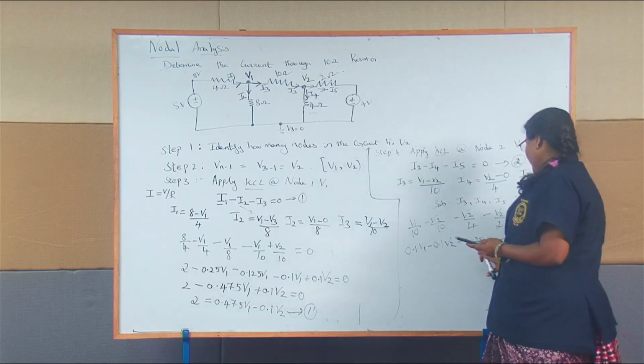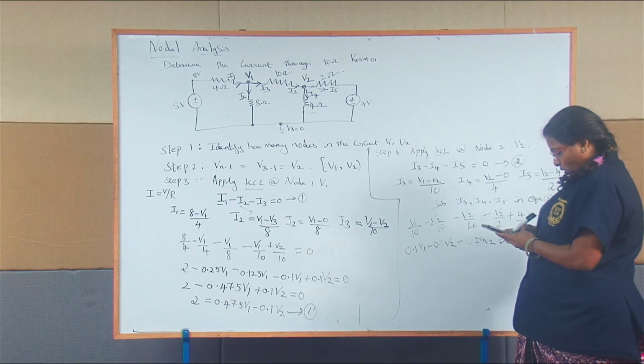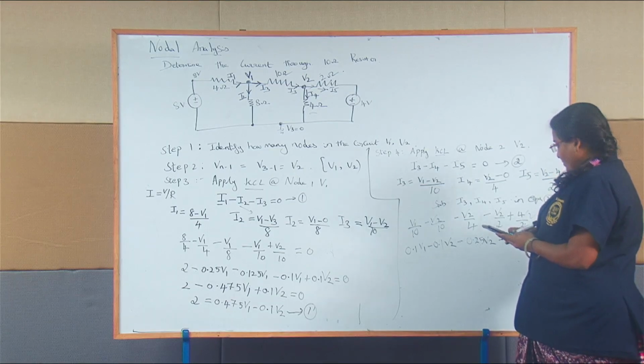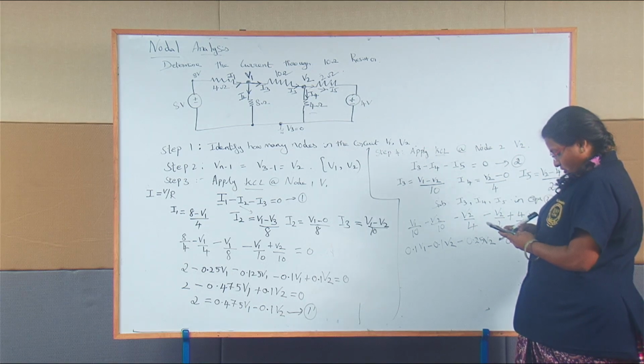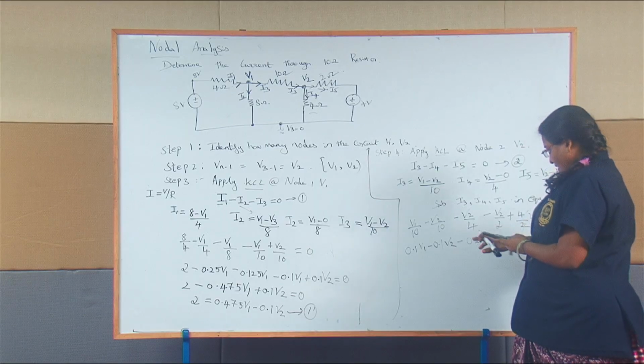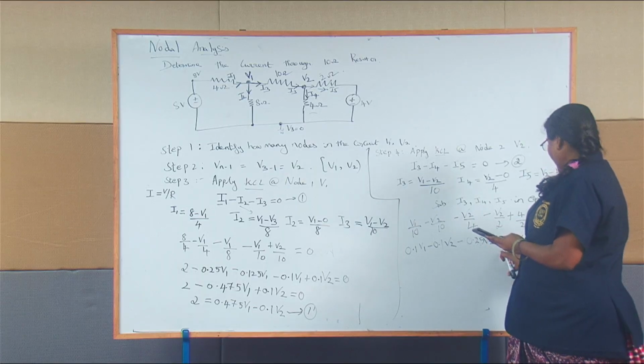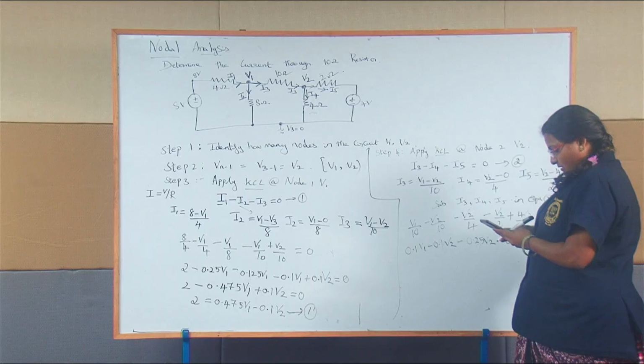So, 0.1 V2, 0.25, 0.5. So minus 0.1 minus 0.25 minus 0.5.